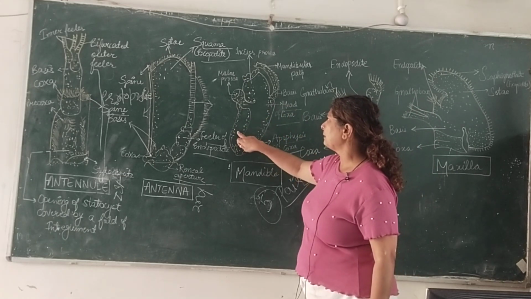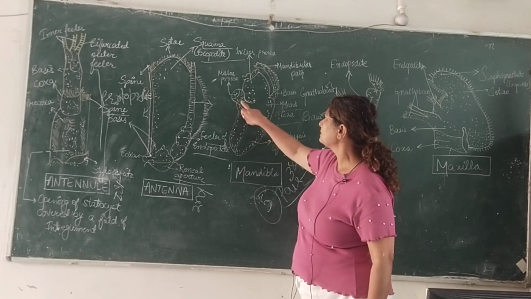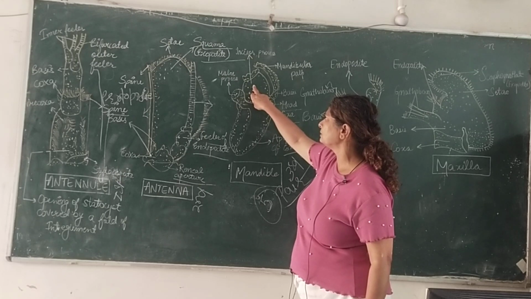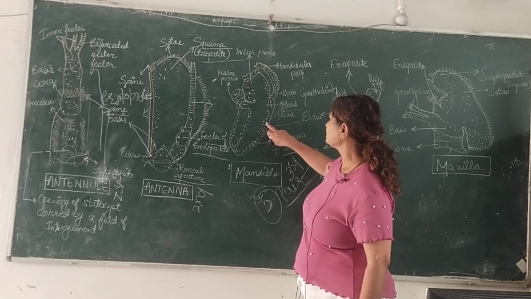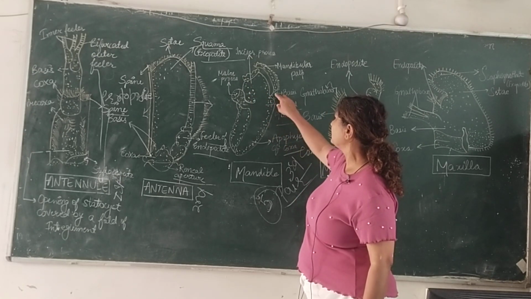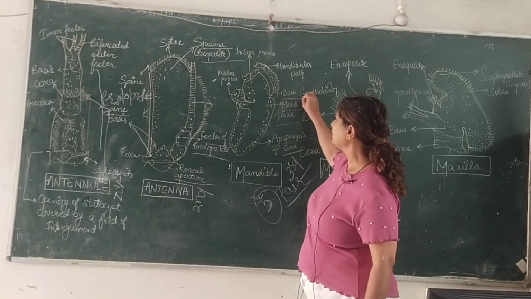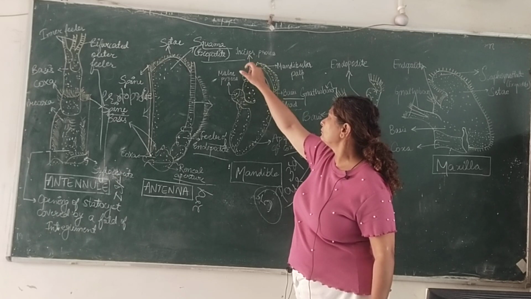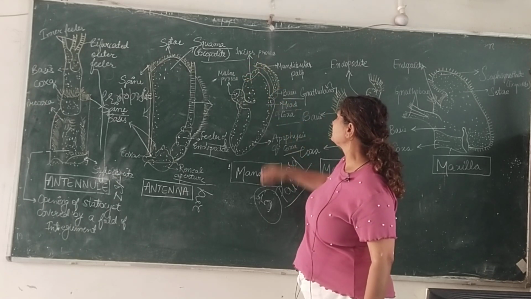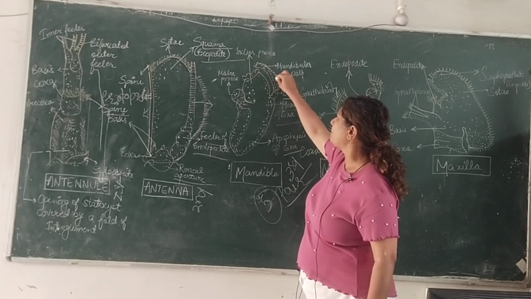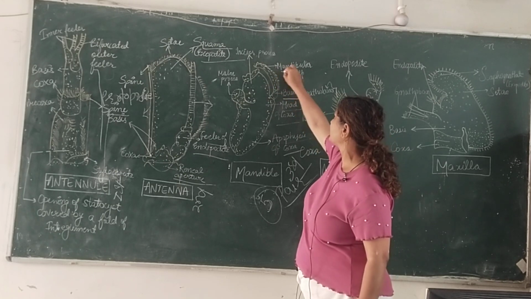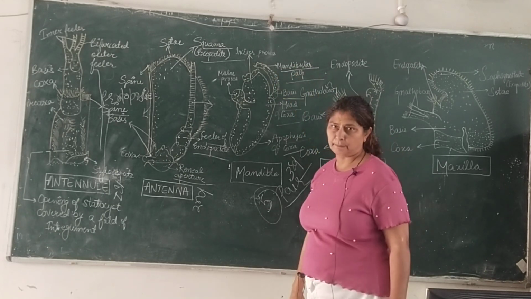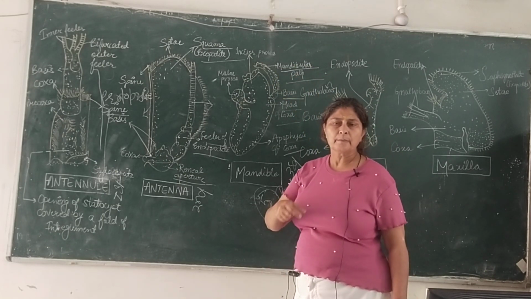इन्हां दे अंदरले पासे देयर इज प्रेजेंट 1 and 2 portions, और जस्ट अबव द कोक्सा देयर इज प्रेजेंट one basis, small tubular structure, that is called the basis. Above this basis there is present mandibular palp.